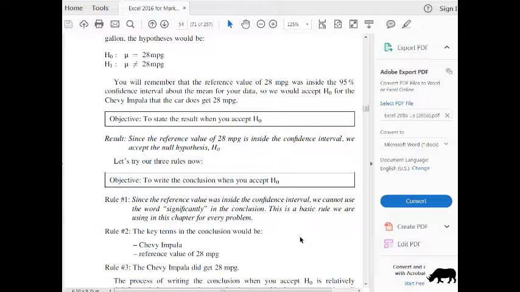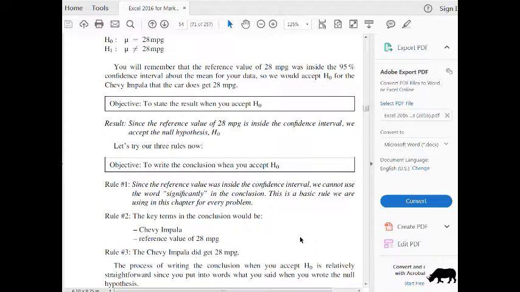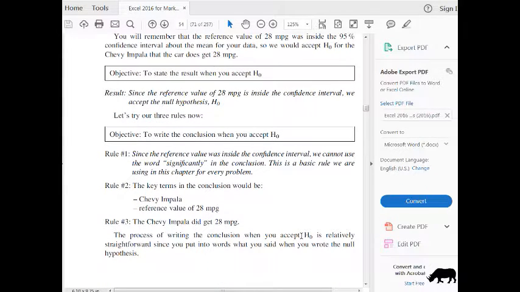The key terms in the conclusion would be Chevy Impala, reference value of 28 mpg. Rule number 3. The Chevy Impala did get 28 mpg. The process of writing the conclusion when you accept H0 is relatively straightforward since you put into words what you said when you wrote the null hypothesis.